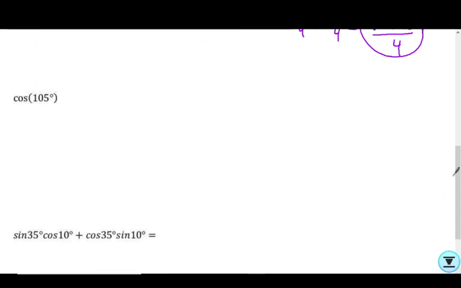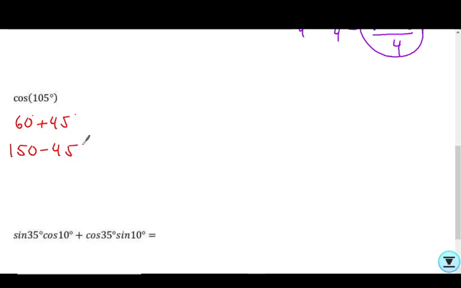Now, there's going to be a ton of ways you can do this. So, for instance, what's one way I could get 105, either by a sum or a difference? You could take 60 degrees plus 45 degrees. That's one way. You could do 150 minus 45 degrees.